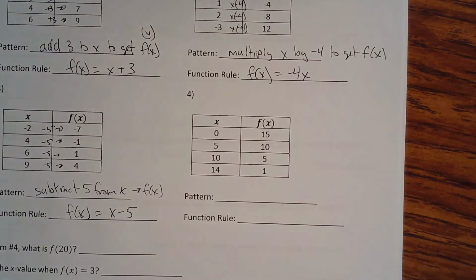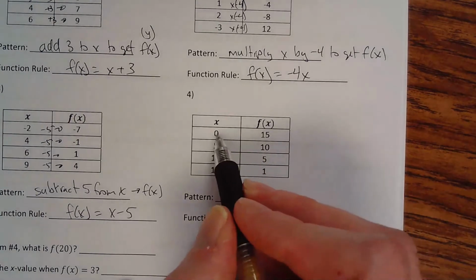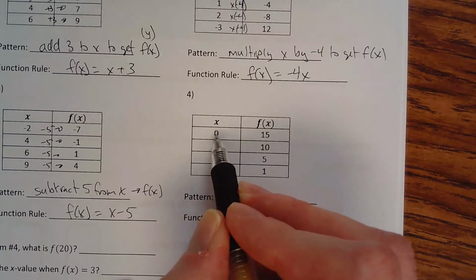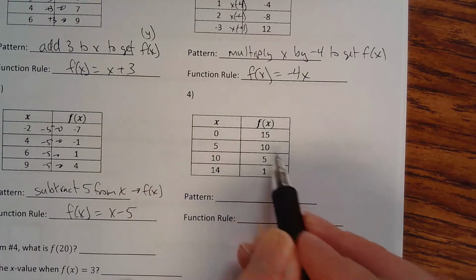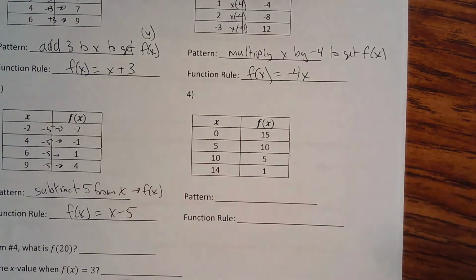But maybe another pattern, hopefully you're noticing, if we said look at this for a few minutes, I bet somebody would notice that all of these, if I add them together, I get 15. 0 plus 15 equals 15. 5 plus 10 equals 15. 10 plus 5, and so on.